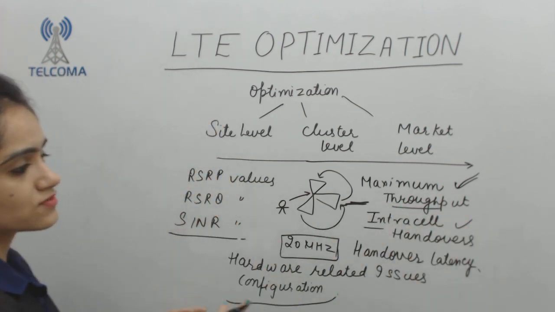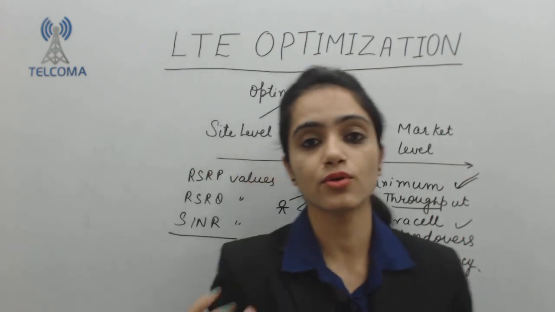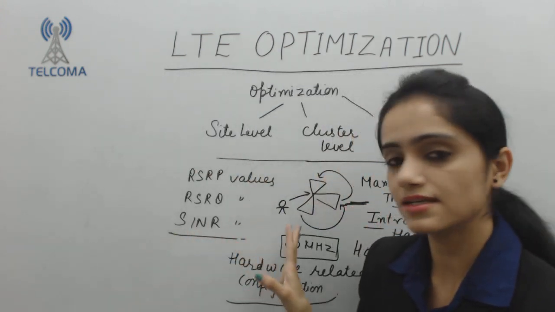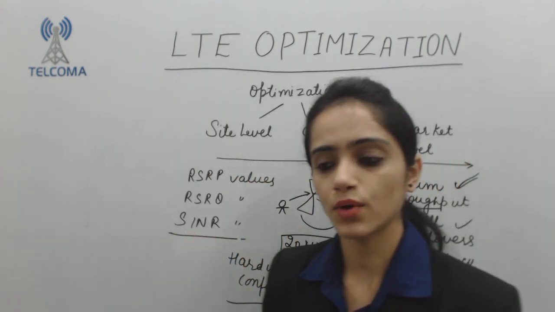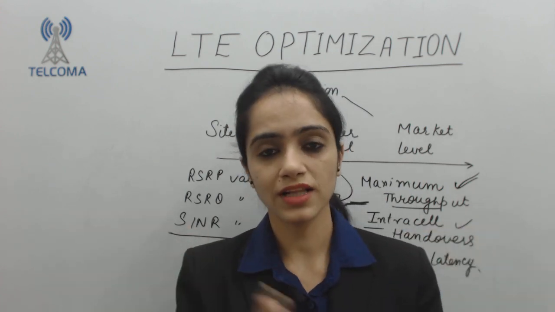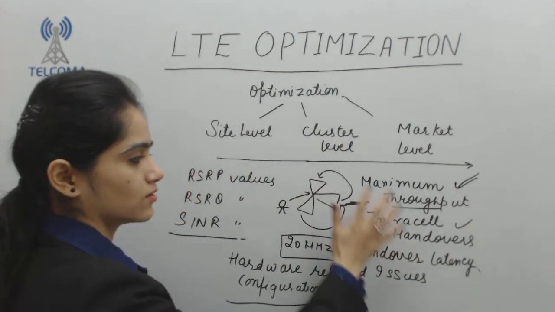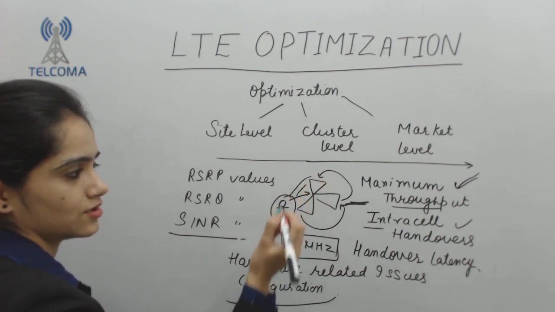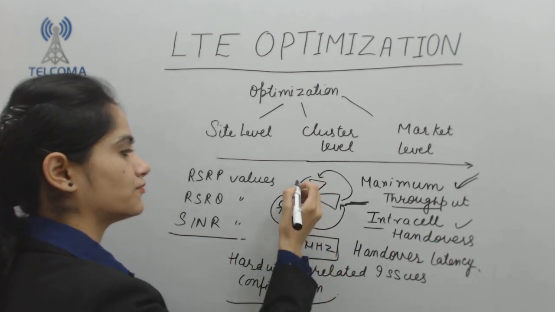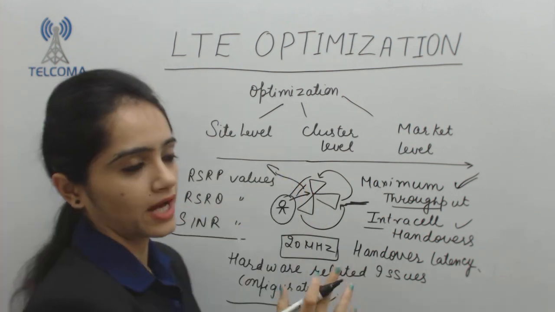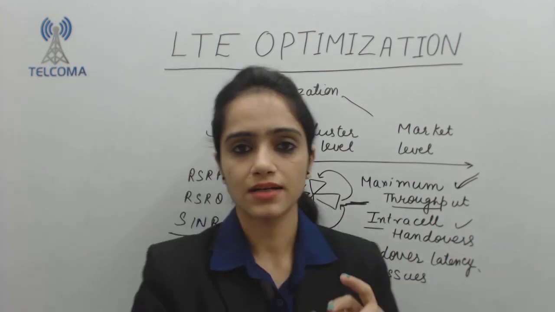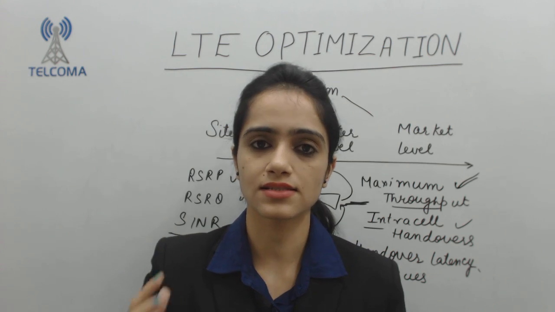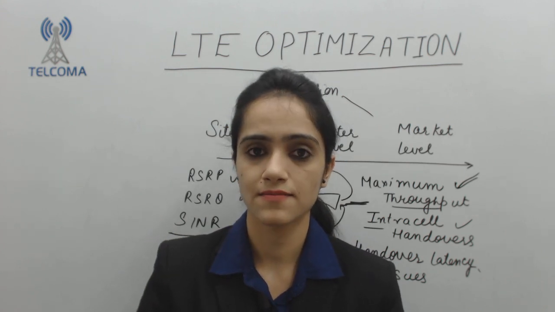We are testing only a single cell. My focus is on a single cell itself. I want to remove all the issues, all the radio link parameters of this site, because here is the user and here is the radio. So we require to find out all radio link parameters of a single site. On the whole we are testing a single site. Is there any problem in the site?